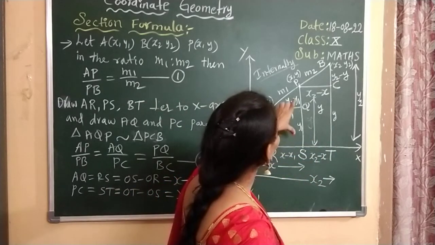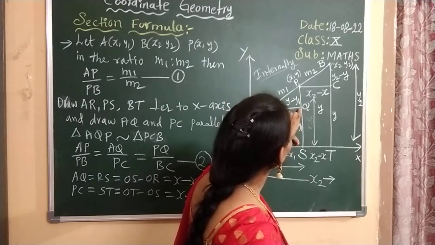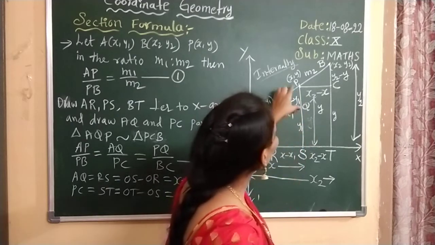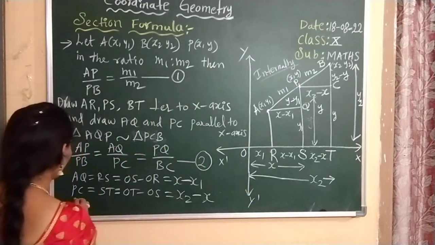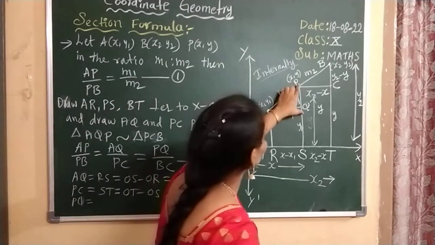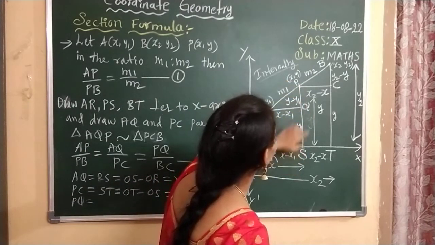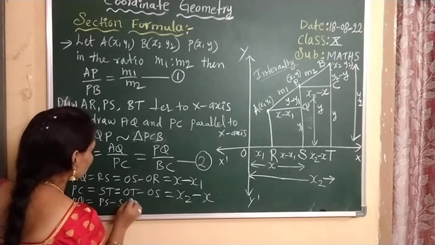After that, on the y-axis also write down. Here we took PS minus QS. We want PQ here. If you want PQ, then I am writing PQ is equal to PS minus SQ.